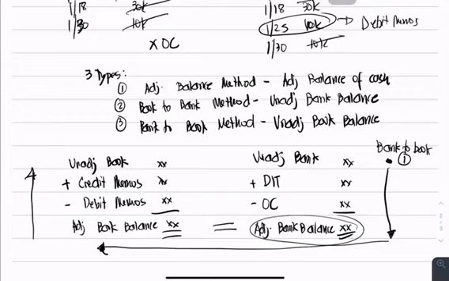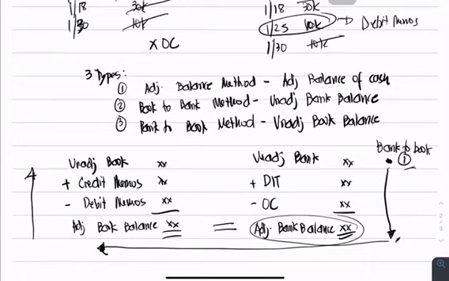That's why, the formula that was given to you, unadjusted bank plus DIT less OC plus debit memo less credit memo. That's what you do. Because the process is really from bank to book, bank first, here, you start, you get your adjusted bank balance. After getting your adjusted bank balance, the balance in your adjusted bank balance is also the balance in your adjusted book balance.